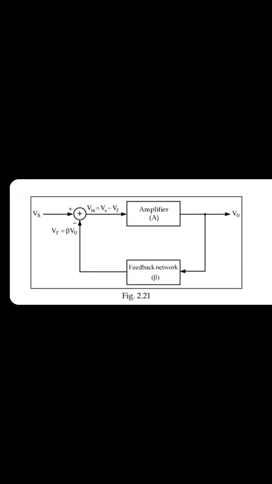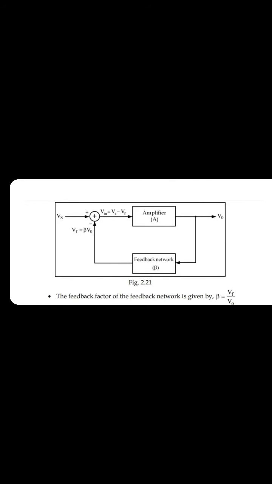A is the open loop gain. The difference between Vs and Vf is called negative feedback, and the output of the amplifier is V naught.